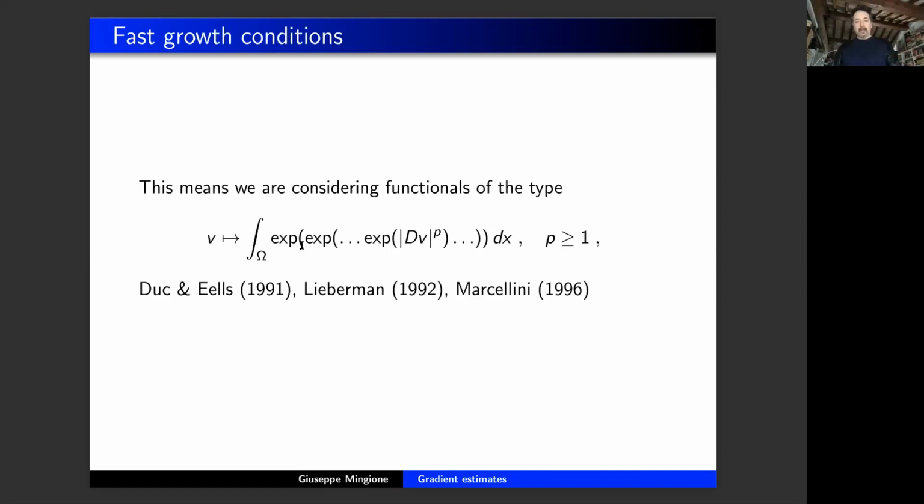Imagine that you get infinitely many exponentials, you go to the L infinity norm, so it should be easier to prove regularity, while it's actually the opposite because this energy density doesn't satisfy the so-called delta 2 condition. Then we shall see how to fix this later with a different technique.